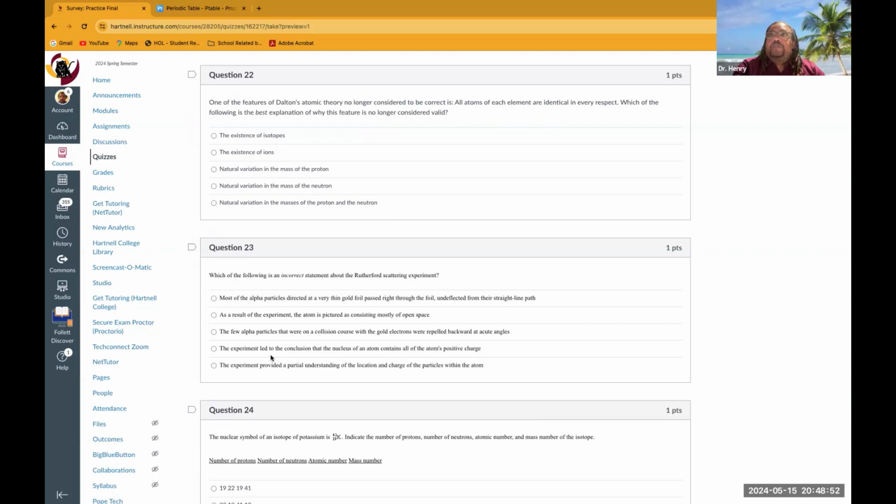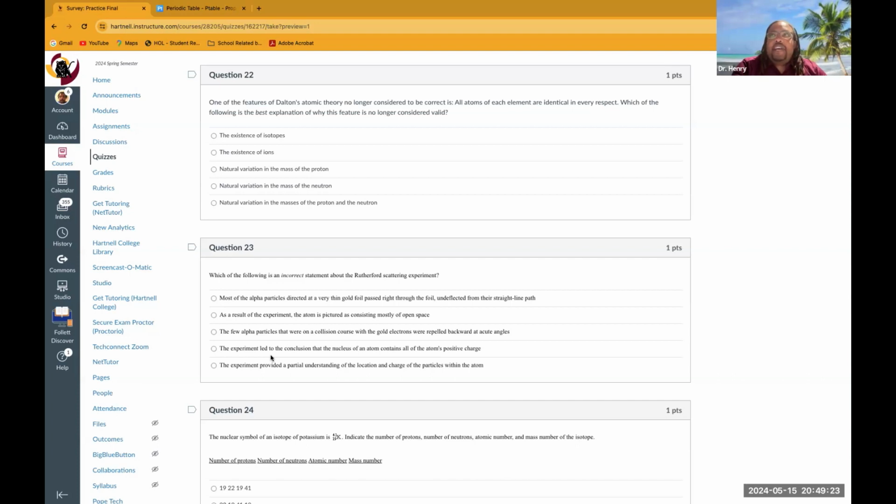Okay, 22. One of the features of Dalton's atomic theory, no longer considered to be correct, is all atoms of each element is identical in every respect. Which of the following statements is the best explanation of why this feature is no longer considered valid?